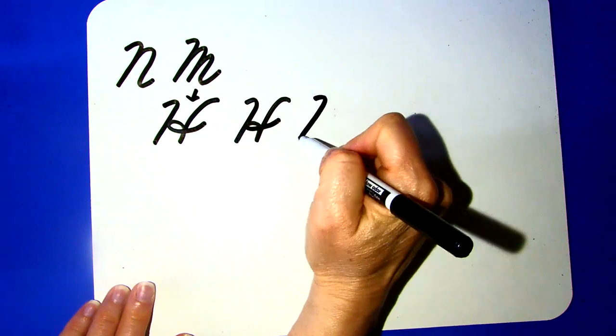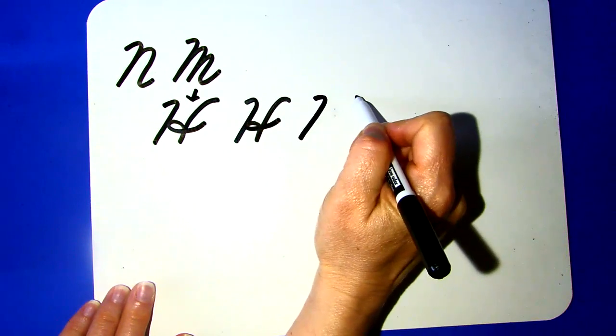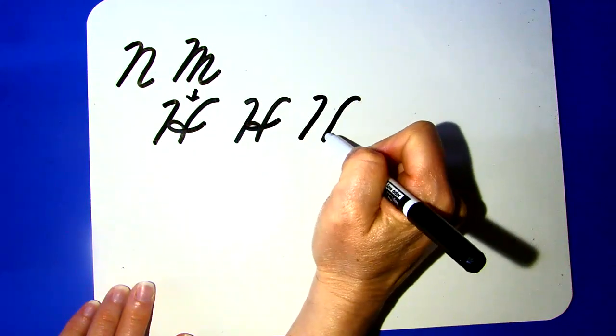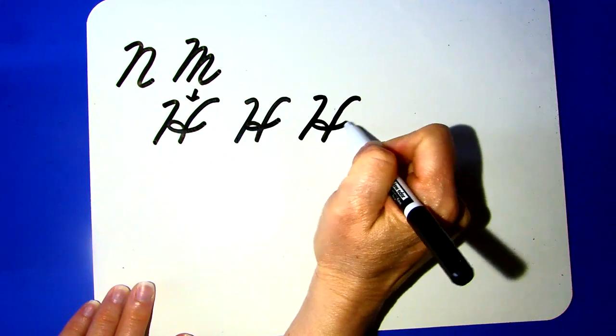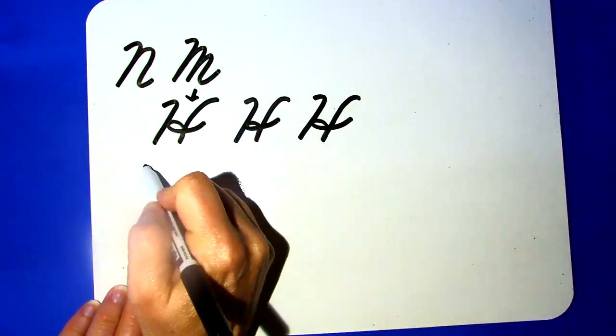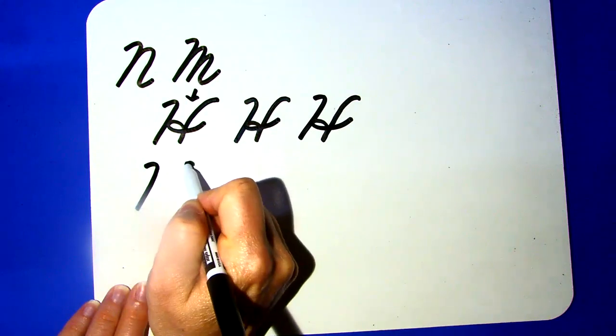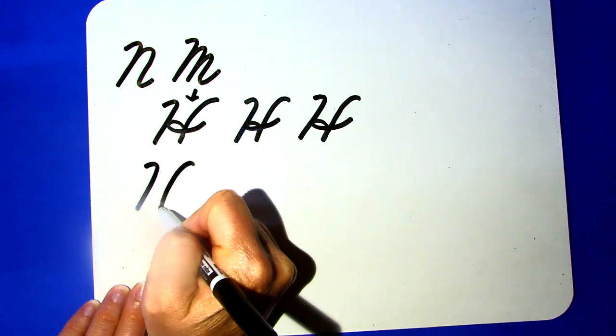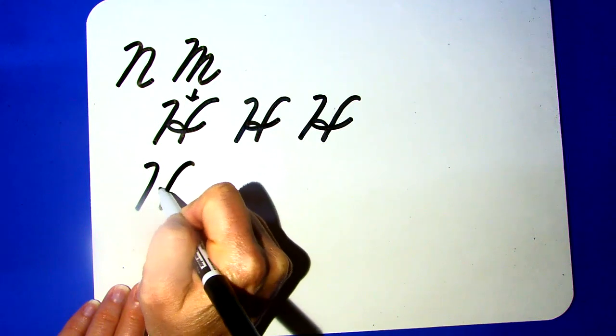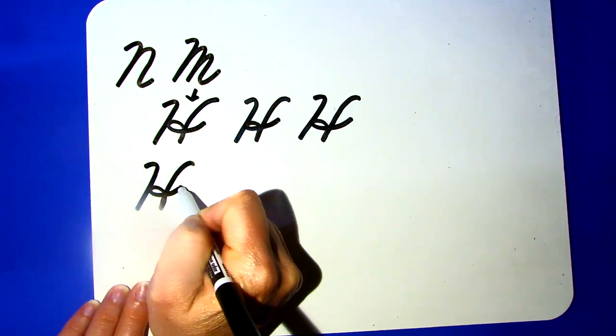Curve forward, pull back, take your pencil, curve back, slant down, up and around, undercurve. Curve forward, pull back, take your pencil off the page, curve back, watch, loop at the midline, undercurve.